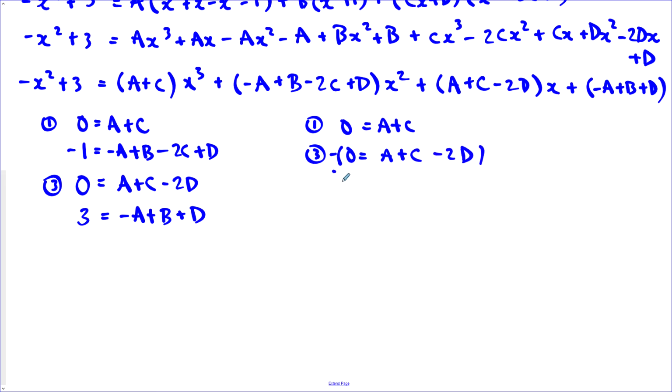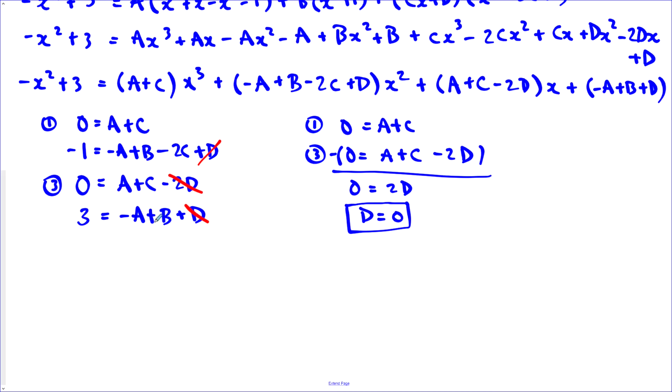Subtract, and we get 0 and 0 and 0 and 0, and this would be 2d. So 0 equals 2d means that d is equal to 0. So that's the first thing that we find out, which is actually kind of helpful. If d is equal to 0, then we don't need to worry about this or that. Let's see what else we can do then.